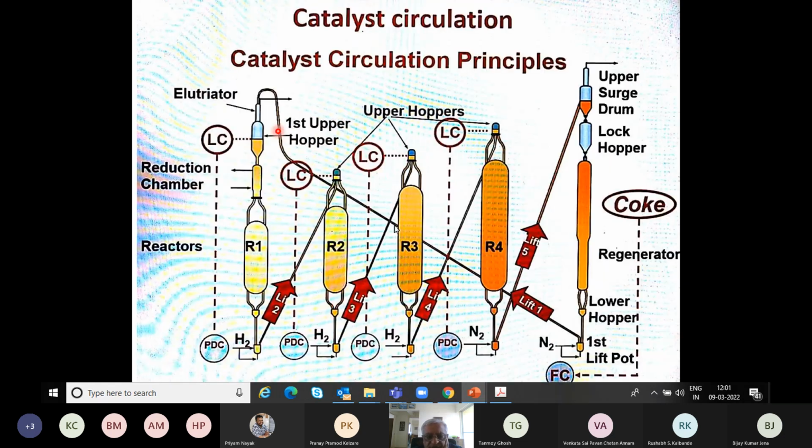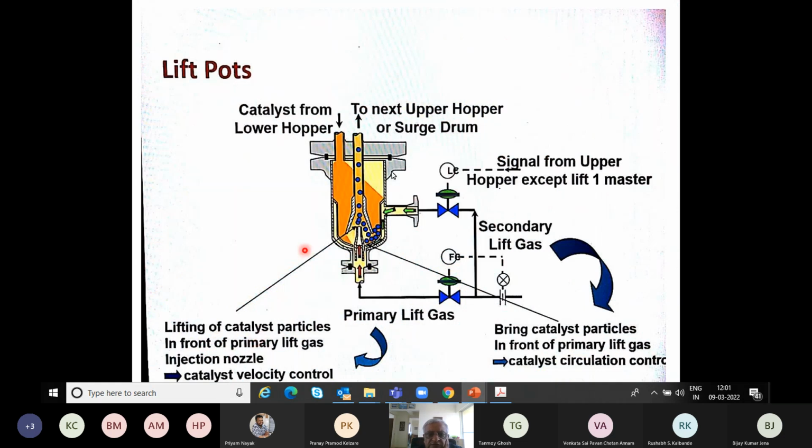The lift pot that you see here at the bottom, the configuration is here, where the catalyst comes from the lower hopper, and then there is a kind of funnel structure here, where hydrogen or nitrogen, whichever it may be, depending upon whether you're passing it into another reactor or the regenerator, passes through here and lifts the catalyst onto the next hopper.